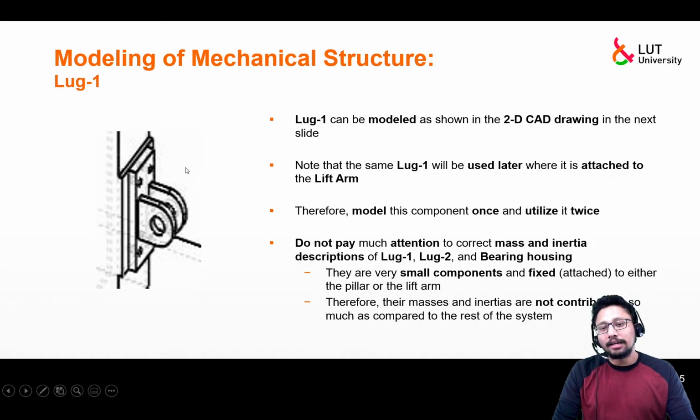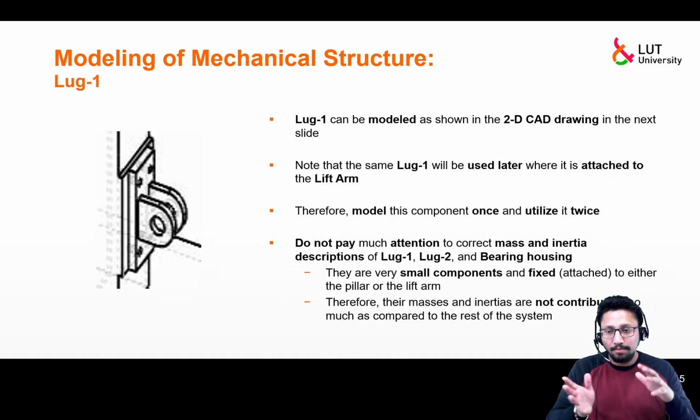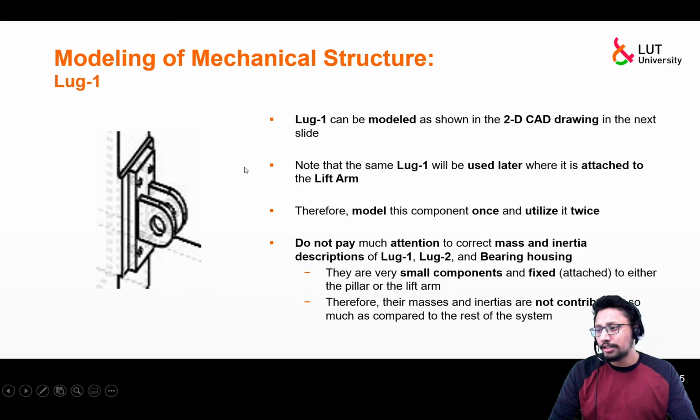So basically, if you model this once, you can use it twice just by rotating it properly in the assembly file of the pillar and in the assembly file of the lift arm, or we also call the lift arm the boom. Do not pay much attention to the correct mass and inertia properties of lug 1, lug 2 and bearing housing. Lug 2 and bearing housing are in the next slides.